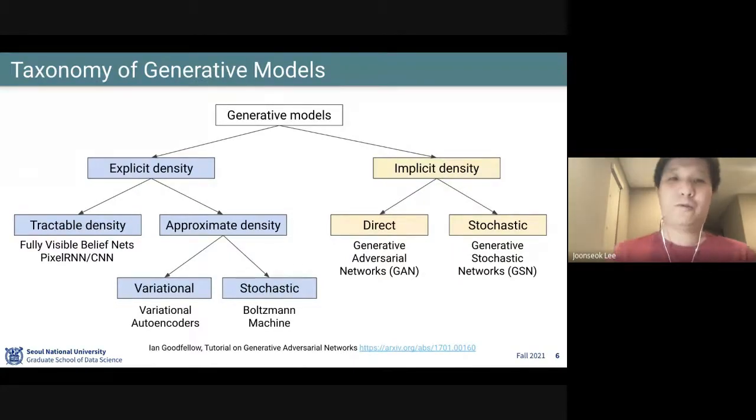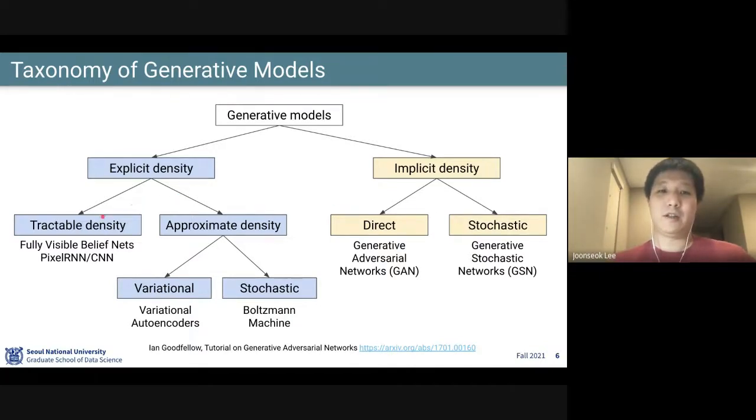So yeah, I took this image from Ian Goodfellow's tutorial, which was published in 2017. Especially if you are interested in generative models, this is a really good text to read. So generative models are divided into two groups, with explicit density models or implicit density models, which we don't actually have the mathematical representation of the p(x), but we can still generate examples.